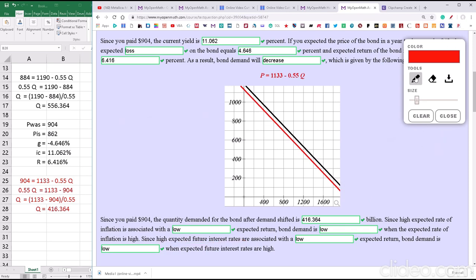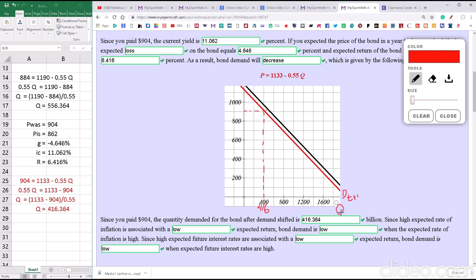Again, you want to label this, say D plus 1, right? And then 904 is the price that we paid, and the new quantity is 416.